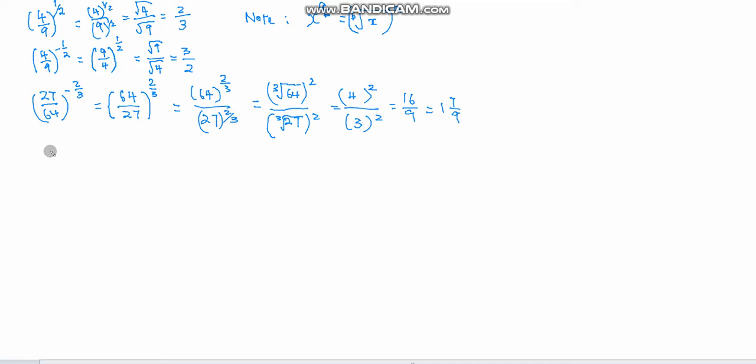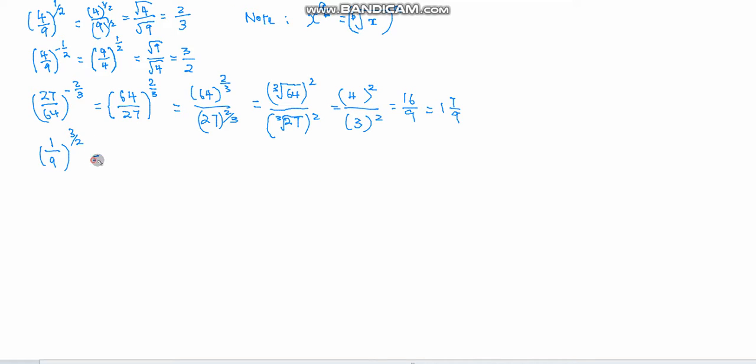What about if we have cases, for example, 1 over 9 to the power of 3 over 2?